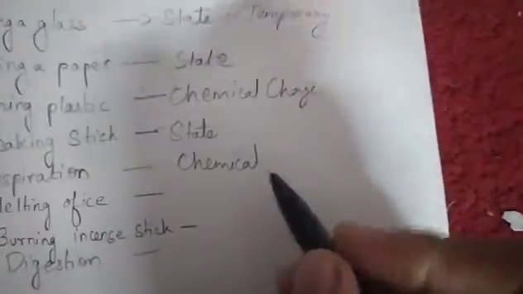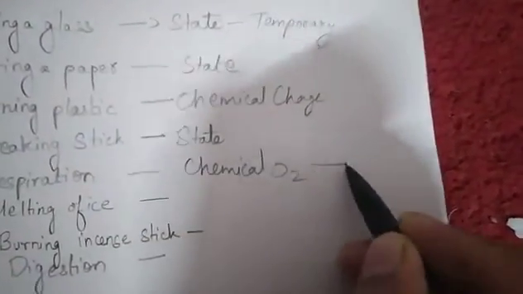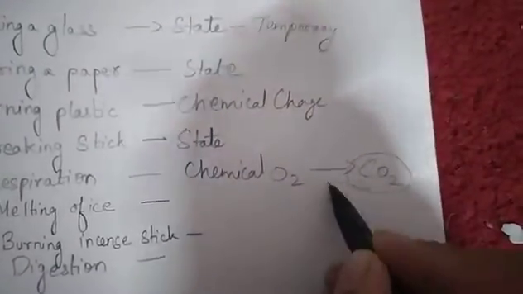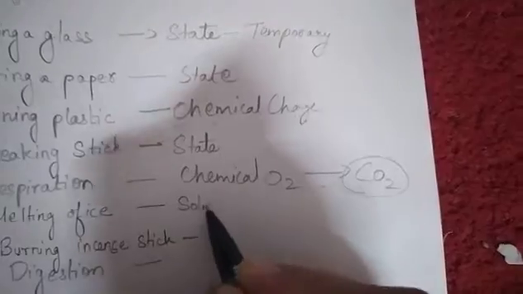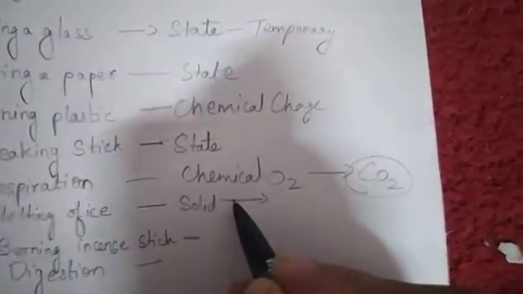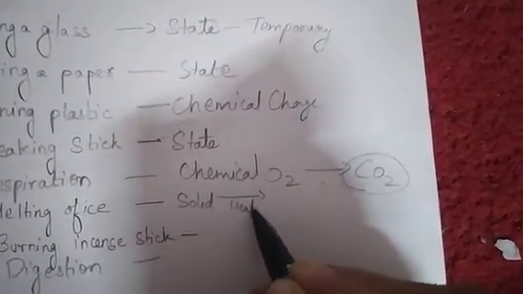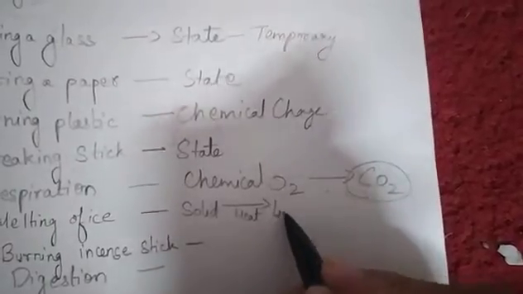Respiration, where we take in O2, that is oxygen, and we give out CO2. A new product is formed, the chemical composition is changed, so here it is a chemical change. Melting of ice: when ice is in the solid state and we supply some heat, it changes into liquid.